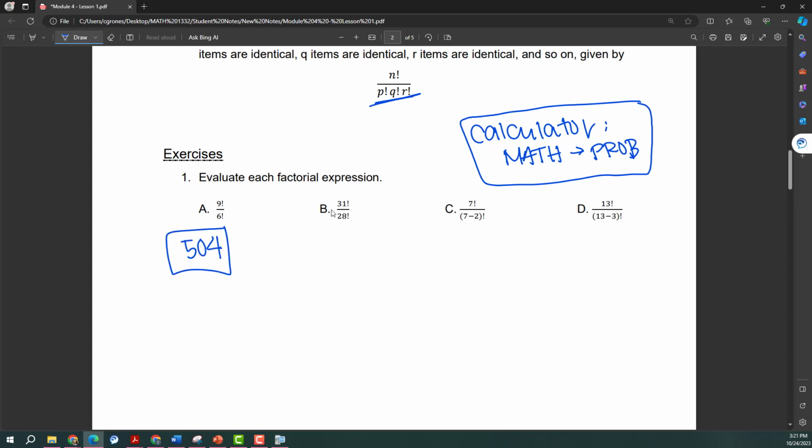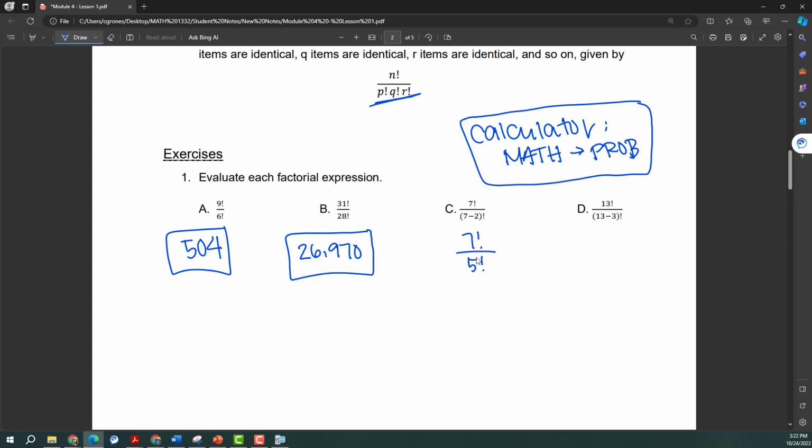Letter B, we have 31 factorial divided by 28 factorial. 26,970, thank you. On C, we have 7 factorial divided by, and then we have 7 minus 2 in parentheses, and we have the factorial after that. So we would do 7 minus 2 first, and then put the factorial.